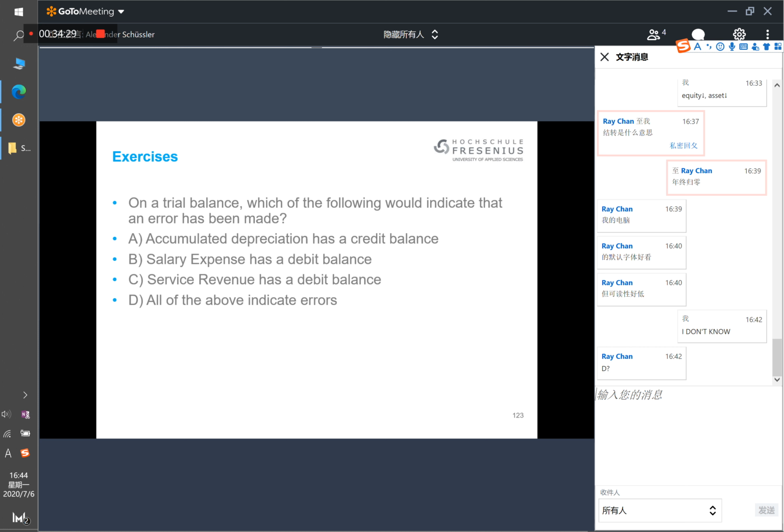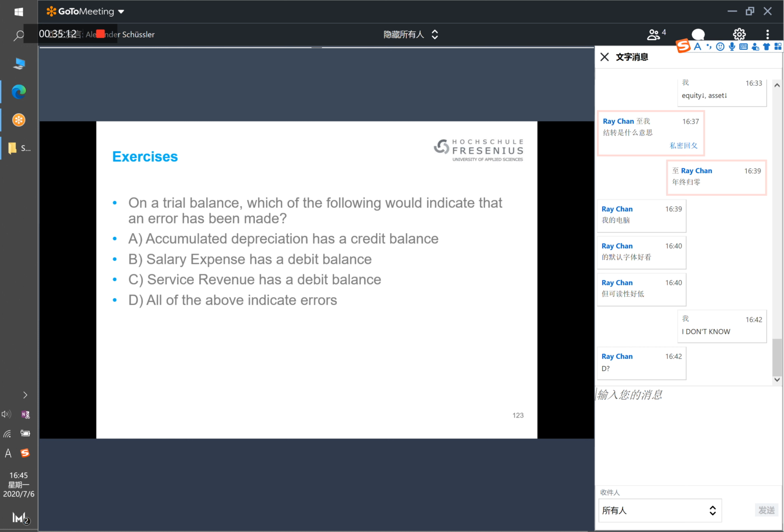The next one, on a trial balance, which of the following would indicate that an error has been made? Which one is wrong? Accumulated depreciation has a credit balance. Salary expense has a debit balance.